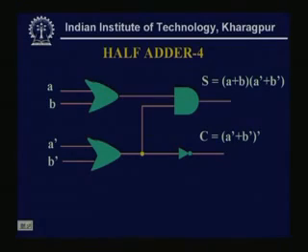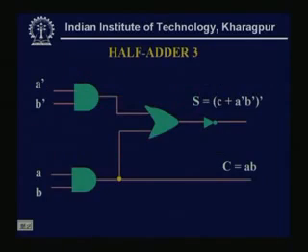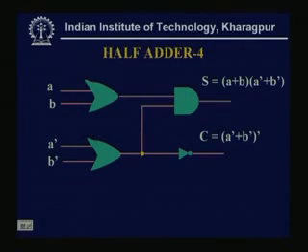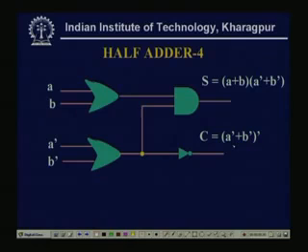Now, this is again another realization. The sum is the same, A plus B into A dash plus B dash, already we have discussed this sum part. Now, carry is A dash plus B dash. How? This is simple: carry was AB.